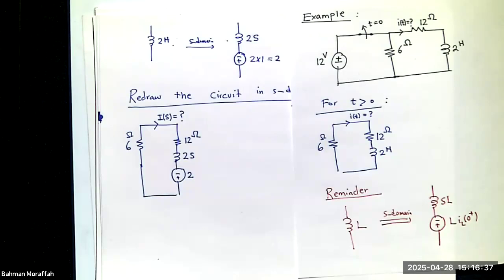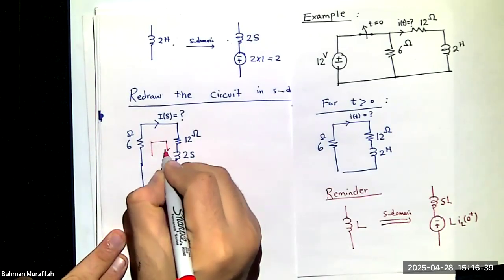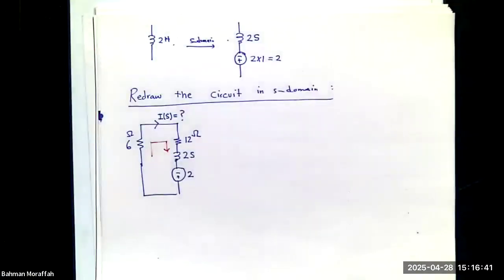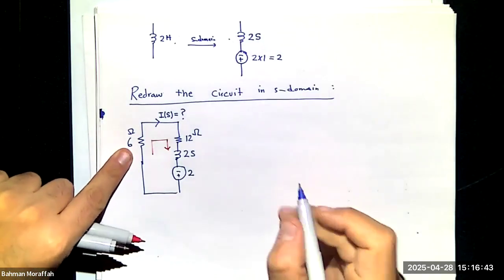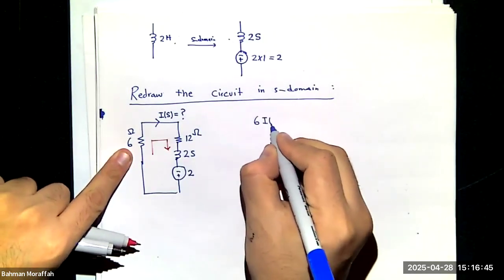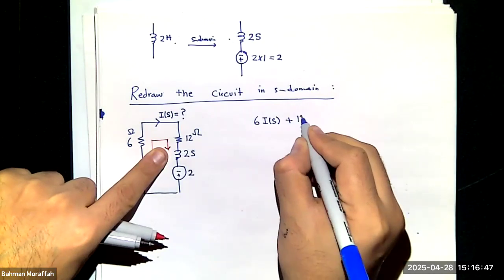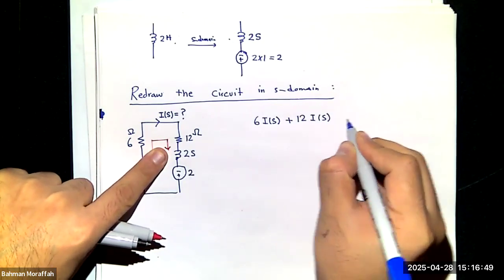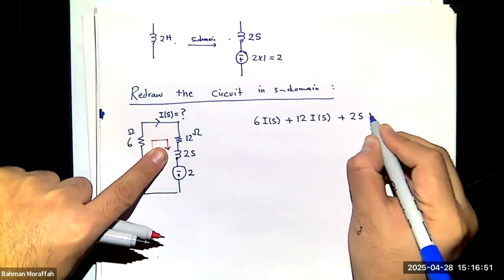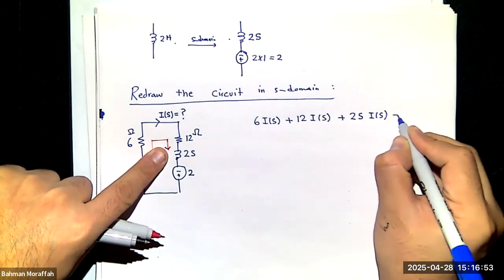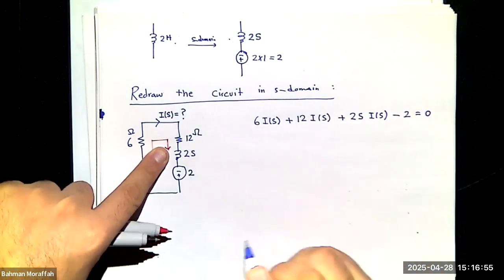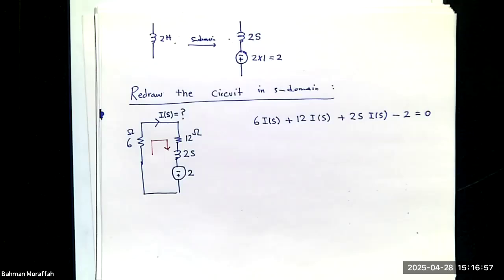So I'm going to write a KVL. Let's start here. I have 6 times I of S plus 12 times I of S plus 2S times I of S minus 2. I close the loop. That must be 0.